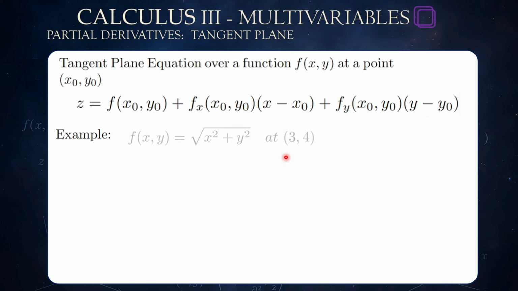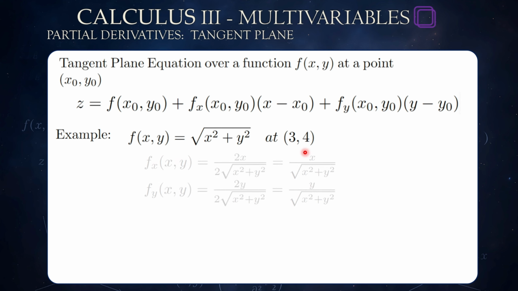Example: f(x,y) equals the square root of x squared plus y squared at (3, 4). Let's check the equation of that tangent plane against this function at this point. So f_x: let's derive f with respect to x, which is u prime divided by 2 square root of u.